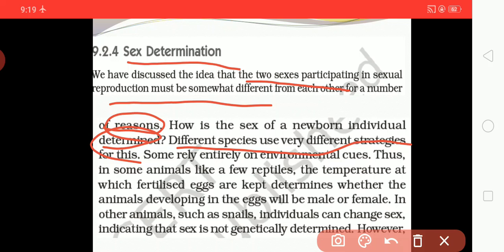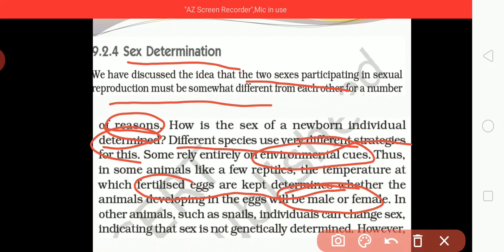Some rely entirely on environmental cues. In some animals, like a few reptiles, the temperature at which fertilized eggs are kept determines whether the animal developing in the egg will be male or female.